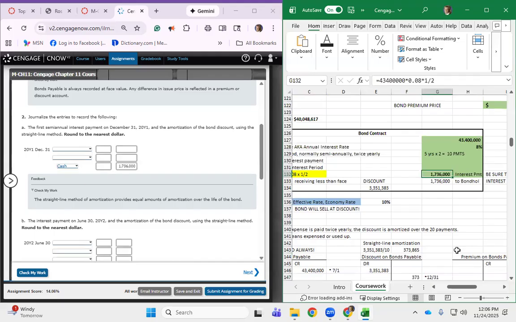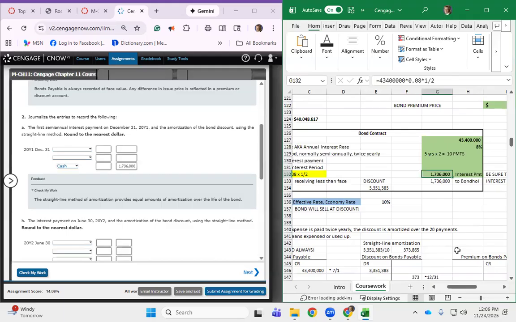So this is your bond. This is your interest payment up here. You need to label that interest payment. Okay, this is your bond discount. You've got to label it because you've got quite a few things going on here.